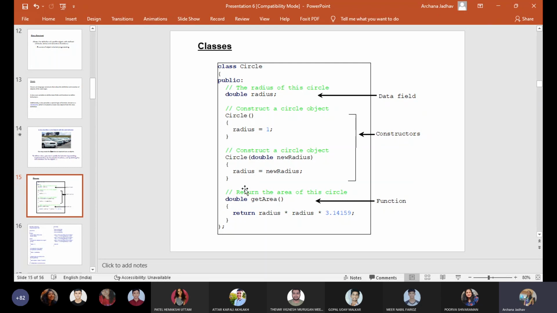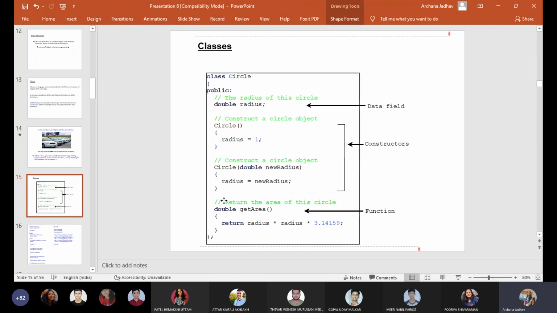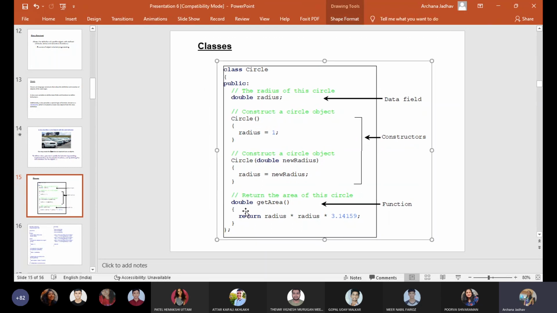Then below here one function is written. This is how your functions are normally written, right? Double getArea. When you write this function with respect to a class, it is called a member function, or a method of your class.